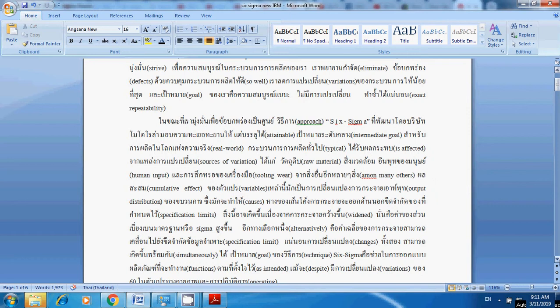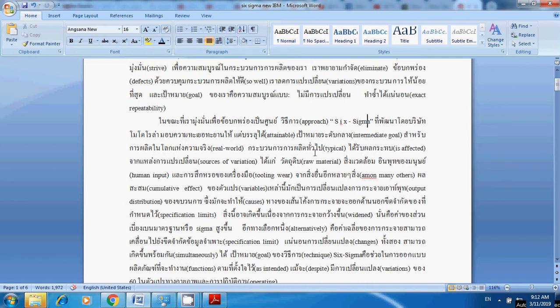The approach of the Six Sigma program developed by Motorola gives motivation, but is attainable, to reach our intermediate goal for the production interval.